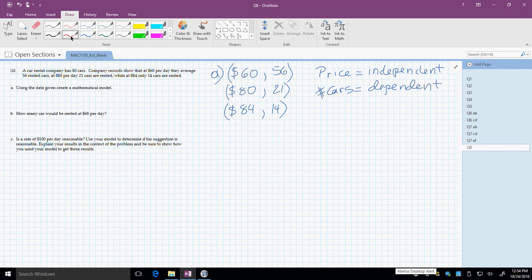Also, we have to keep in mind our main formula when we are working with graphing, which is the slope-intercept form, y equals mx plus b.